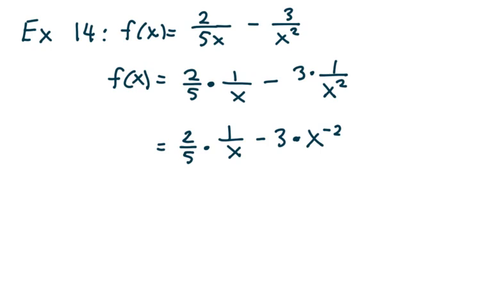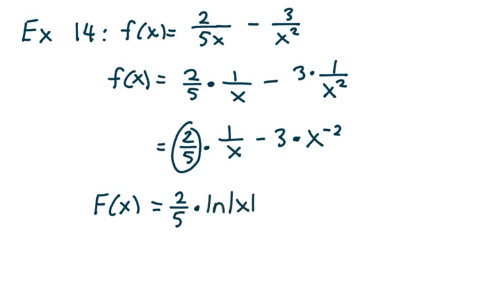Now, think of a function whose derivative is 1 over x. Remember that 2/5 goes along for the ride. And so capital F of x, we have to label it as our antiderivative. Okay? And so this is 2/5 times the natural log of the absolute value of x minus 3 times x to the negative 1 divided by negative 1.